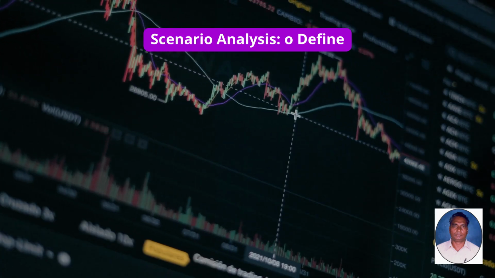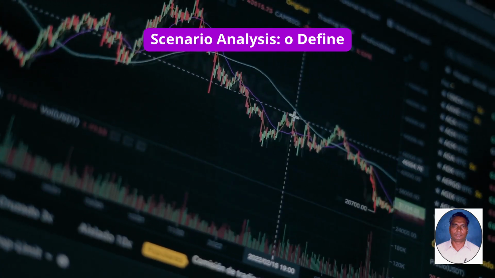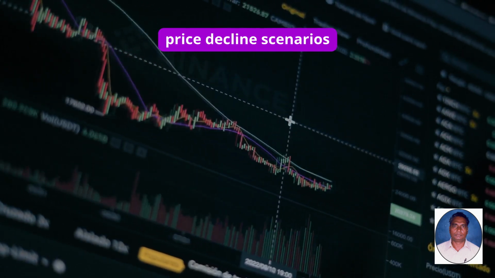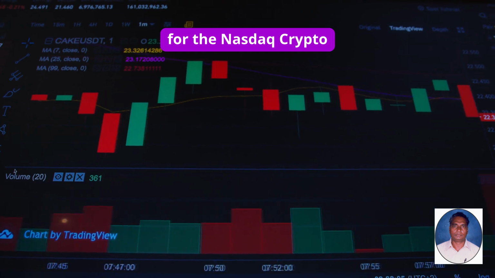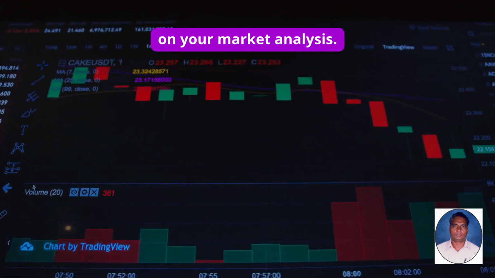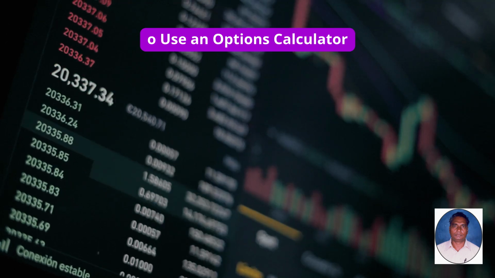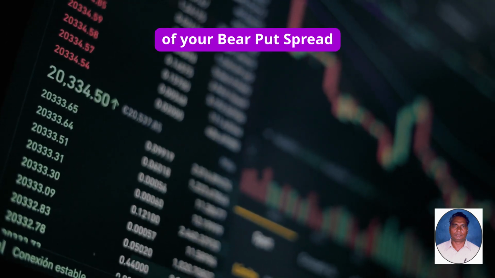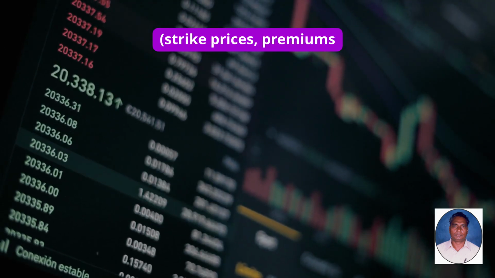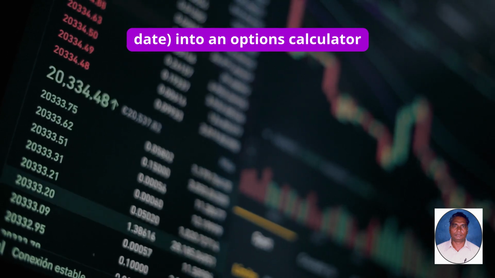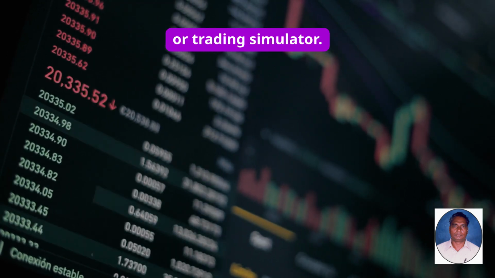1. Scenario analysis. Define price targets. Determine realistic daily or weekly price decline scenarios for the Nasdaq Crypto Index and the Dow Jones based on your market analysis. Use an options calculator or simulator. Input the details of your bear put spread, strike prices, premiums paid and received, and expiration date, into an options calculator or trading simulator.